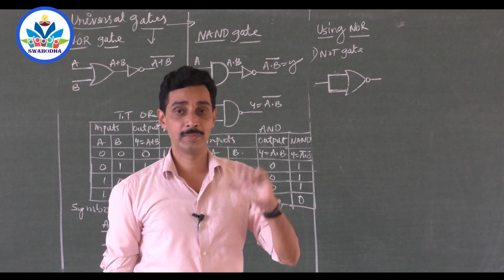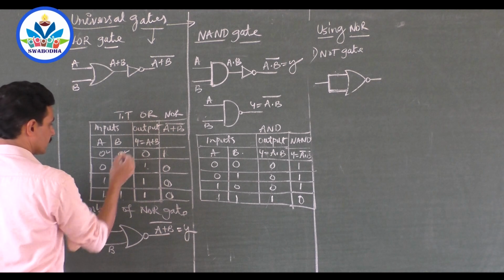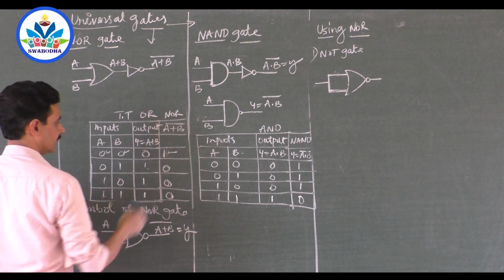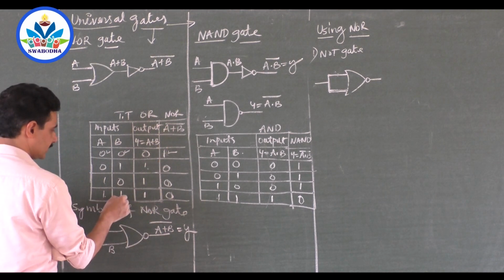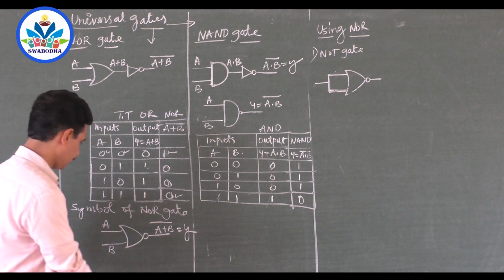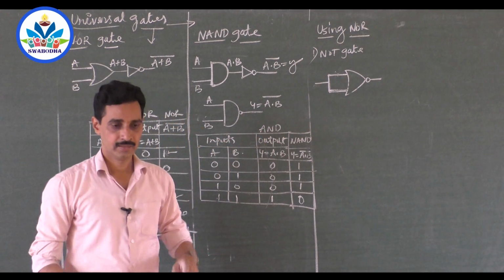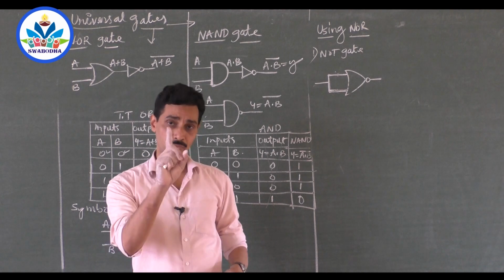Now go to the truth table of the NOR gate. What is the output? You see, when both are zeros, what is the output of the NOR gate? 1, correct? When both are 1s, output is 0. Is it not a NOT gate? Did you follow? When you tie the two inputs of the NOR gate, you have only 1 input.